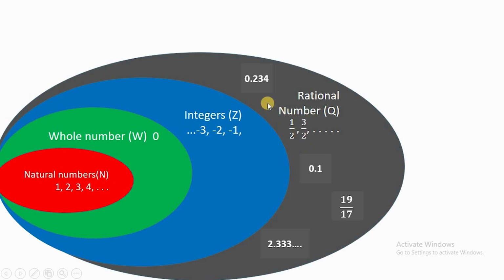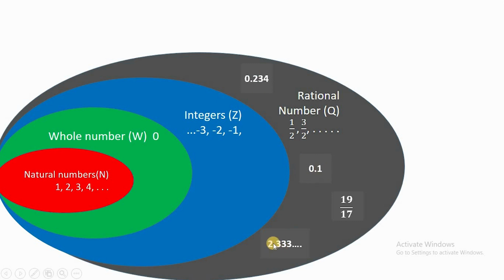3 by 2 is a rational number. Similarly, 0.234 is a decimal number and it can be expressed as a rational, that is 234 by 1000. Therefore, decimals can be expressed as rational numbers. But an important point to keep in mind is that in 0.234, the decimal terminates after 3 places, and in 0.1, the decimal terminates after 1 place.